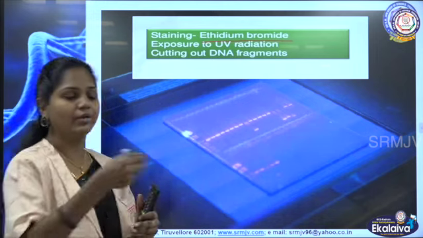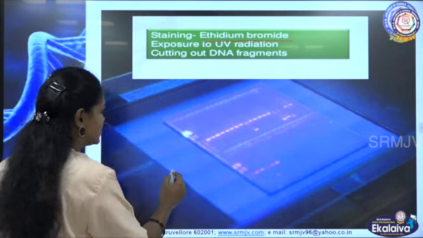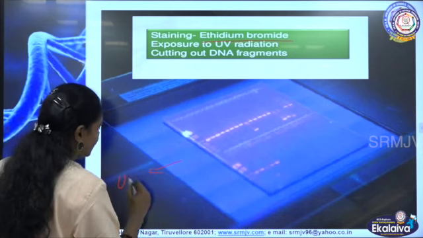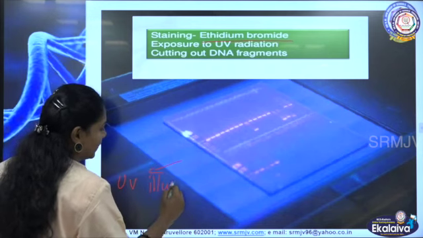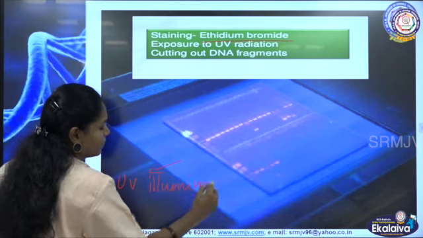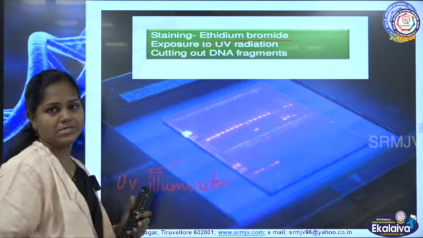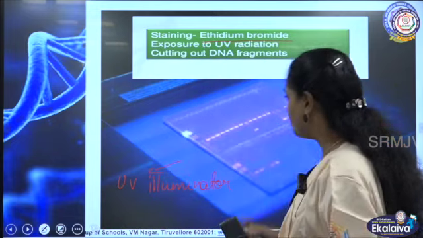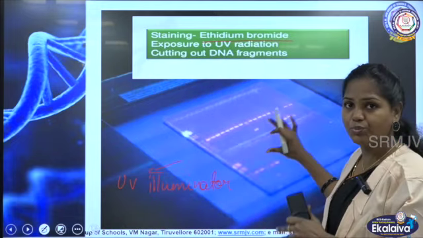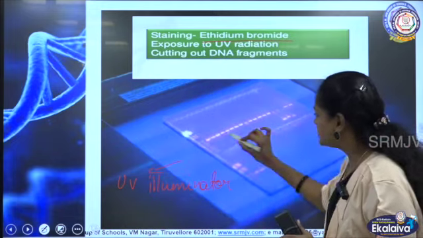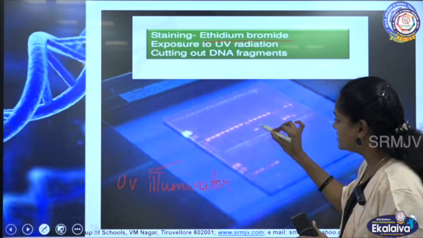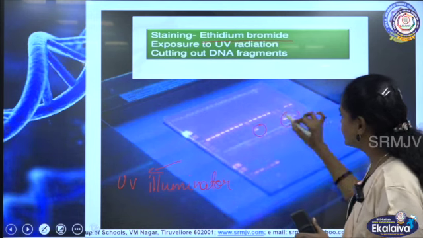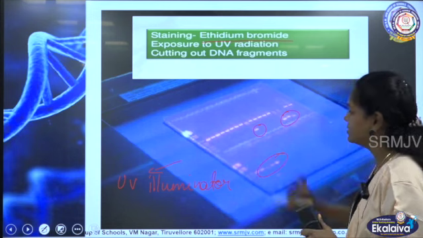After that you take the gel, and this apparatus is called a UV illuminator. A UV light source will be there. When you keep your gel in this UV illuminator, you can see orange color bands. Here some bands are there, and here some bands are there.